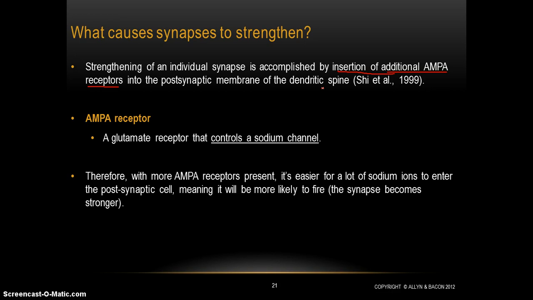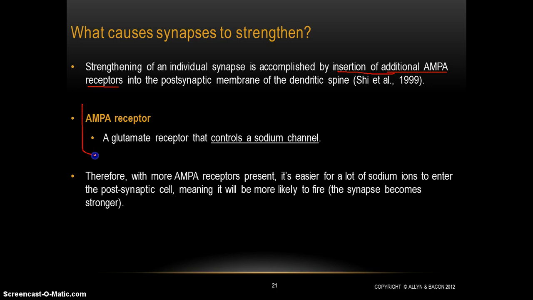As we'll see, we'll look at a picture, I think on the next slide, showing this process, where basically the reason a synapse becomes strengthened is that new receptors get added to the postsynaptic membrane.